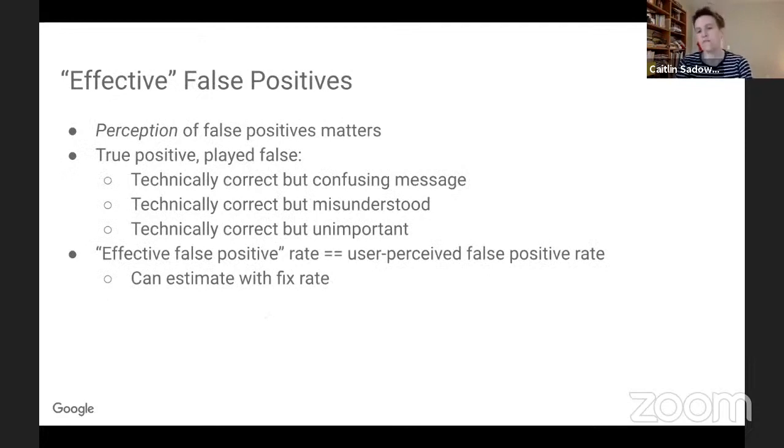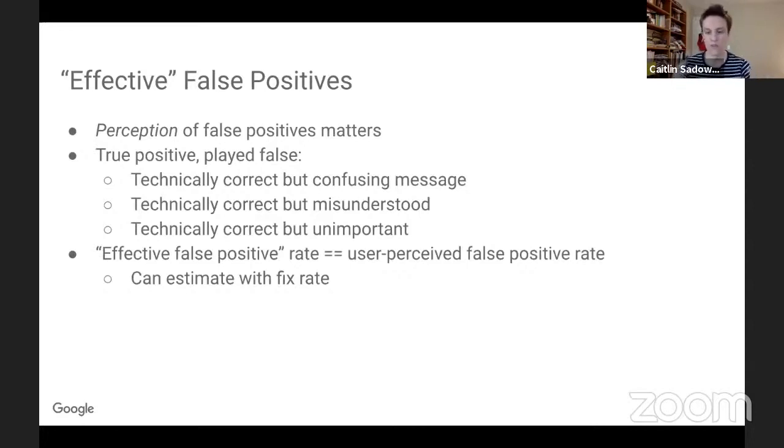So I've mentioned the phrase false positives a couple times, and I want to dig into that a little bit. With Tricorder, when we talk about false positives, we talk about something we like to call effective false positives. The key thing here is that the perception of a false positive matters. If a developer views the result as a false positive, that's really what we care about.